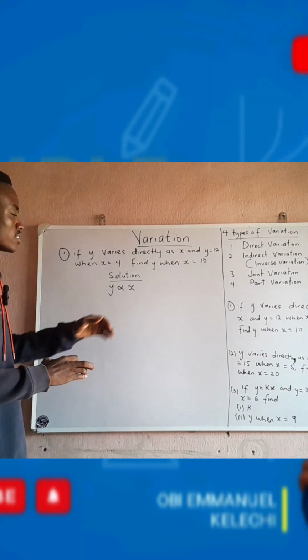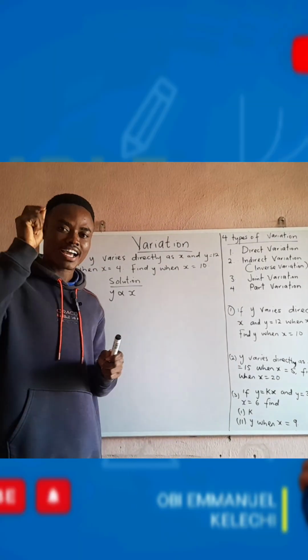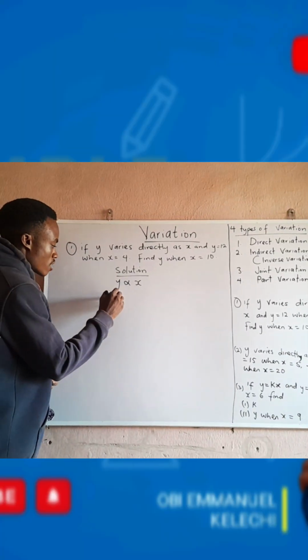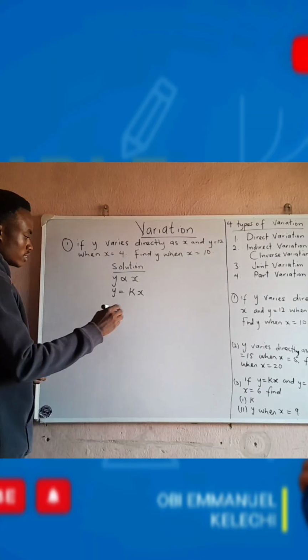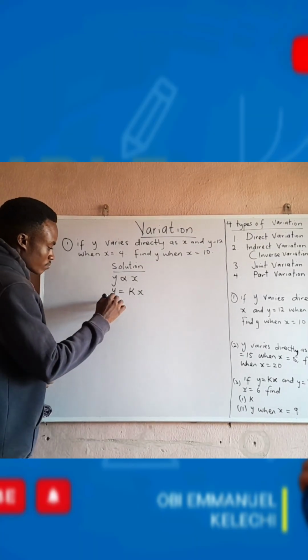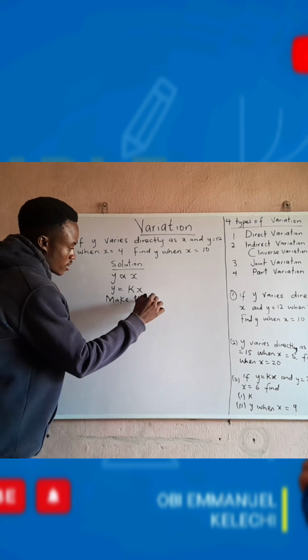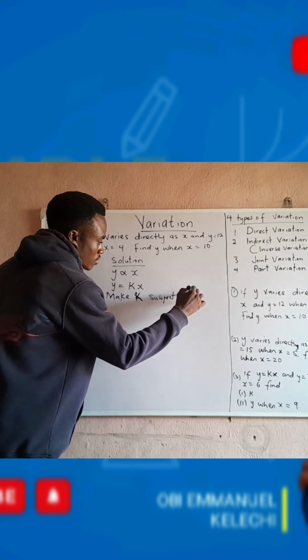So after writing this, there is always a constant k. You must find your constant before you proceed to the next thing. So y is equal to kx. Then you make k the subject of the formula.